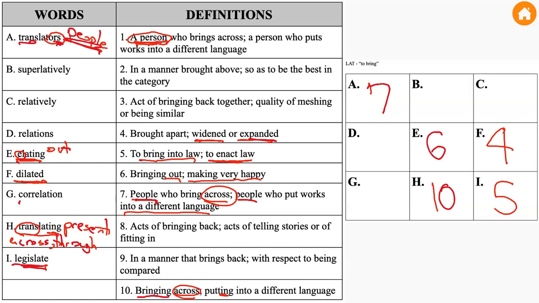What about correlation? What does COR mean? COR, together with. So what is G going to be? It's going to be what? Why 3?